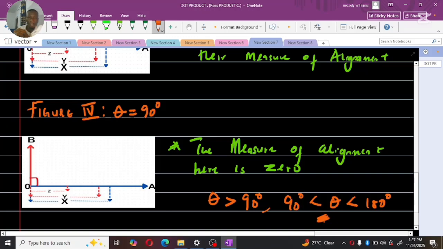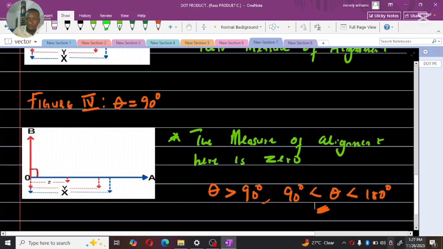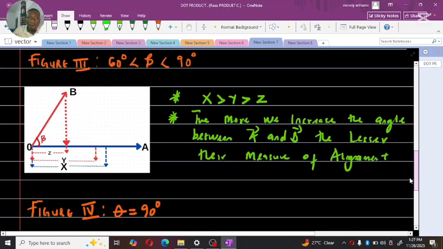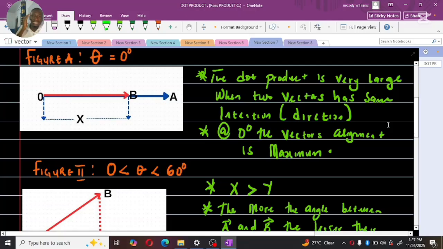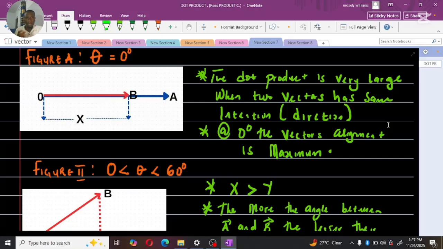With these four illustrations, I believe that we now understand what dot product is talking about. Now let me give you a quick summary. I have said that the dot product is the measure of alignment, the measure of how much one vector goes in the direction of the other.